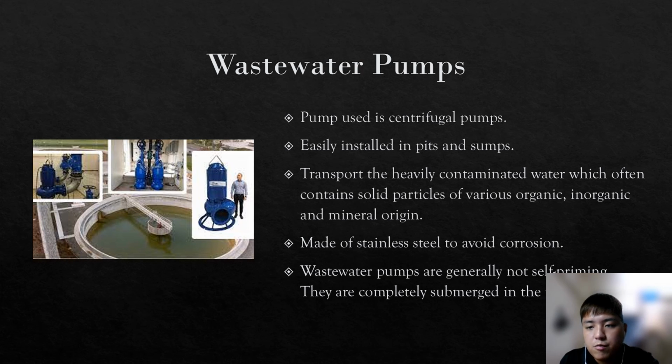The main purpose of a wastewater pump is to transport heavily contaminated water which contains solid particles of various organic, inorganic, and mineral origins. These pumps are made of steel so that they can avoid corrosion. In addition, wastewater pumps are generally not self-priming. They are completely submerged in the fluid handled.